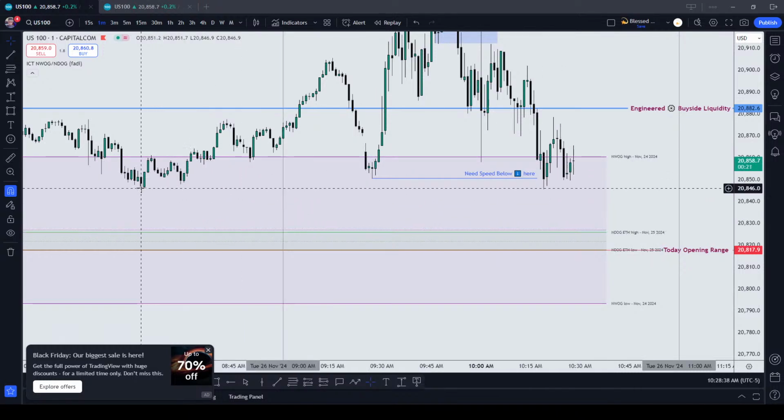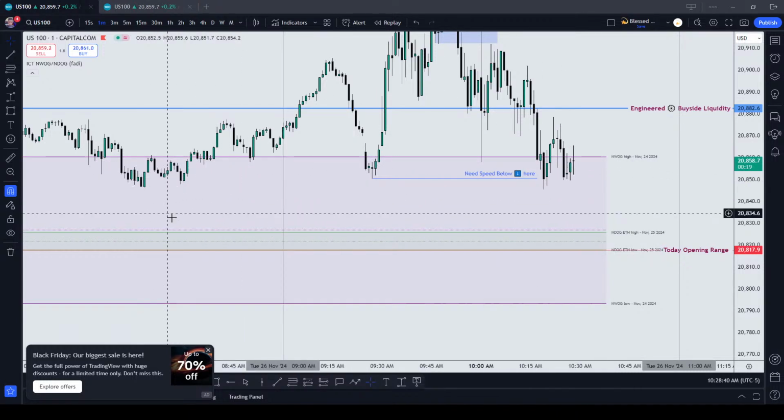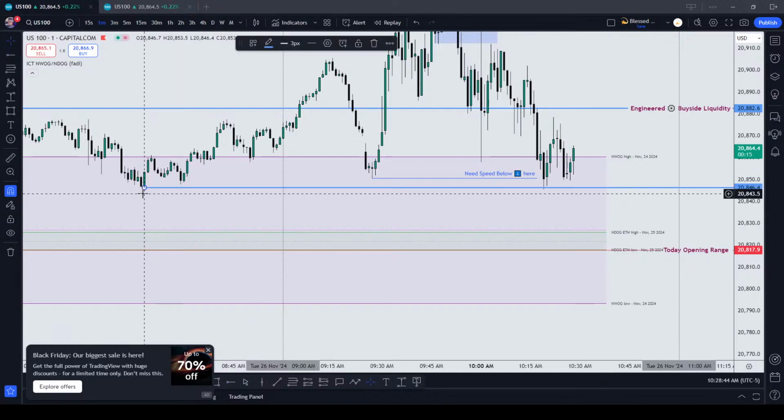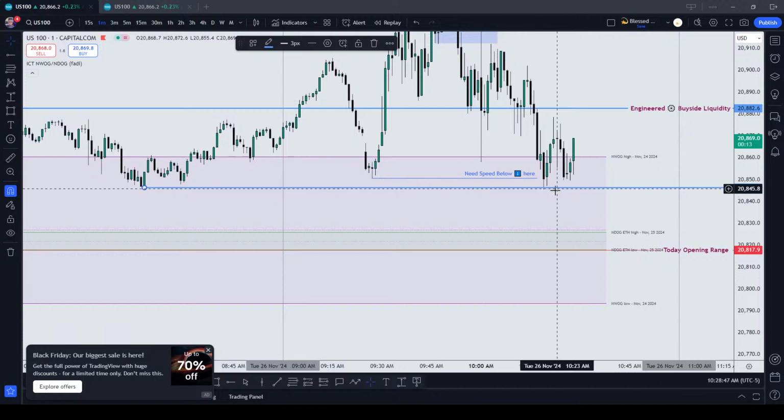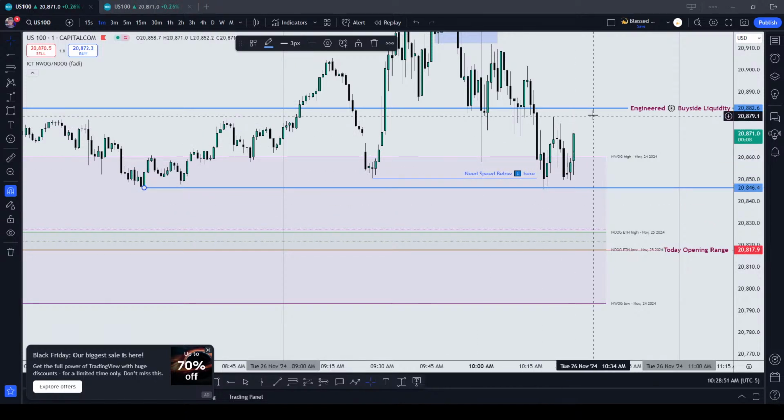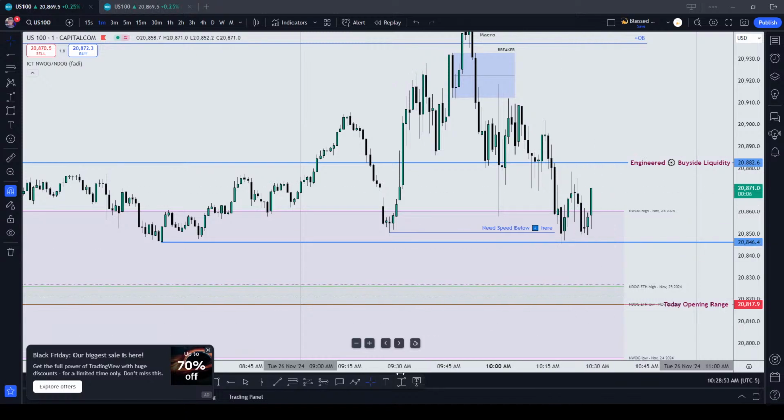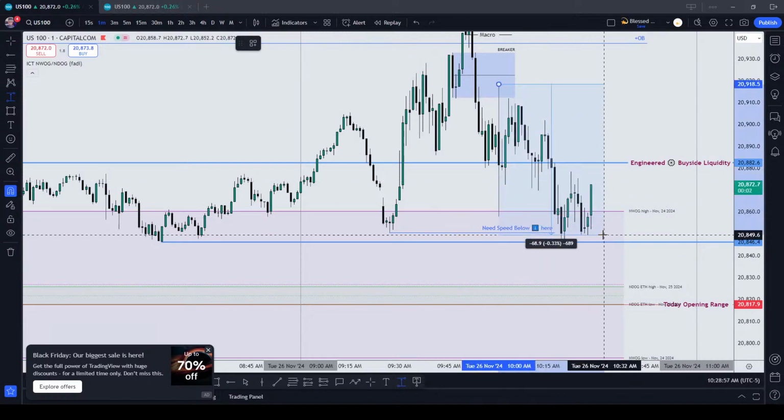We should start attacking all these equal lows right here. So look, price just taps into the equal low and starts retracing back up, which is not the algorithmic signature we are looking for in price.